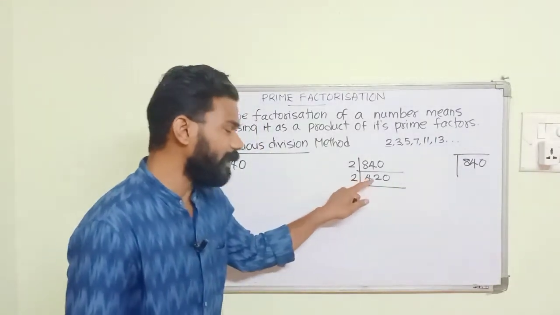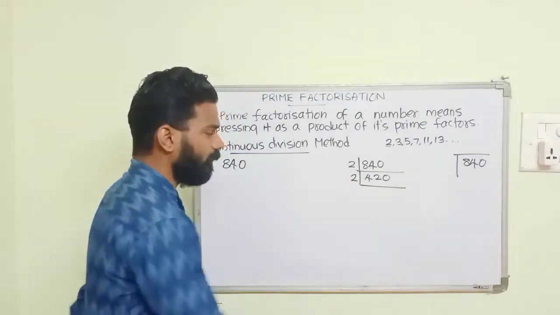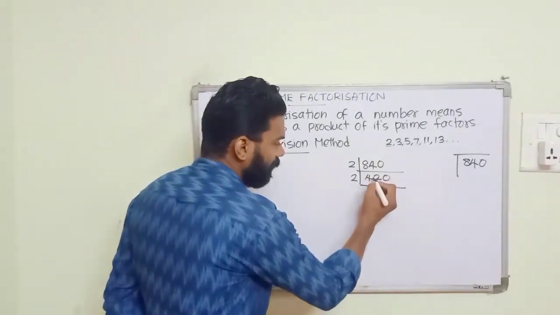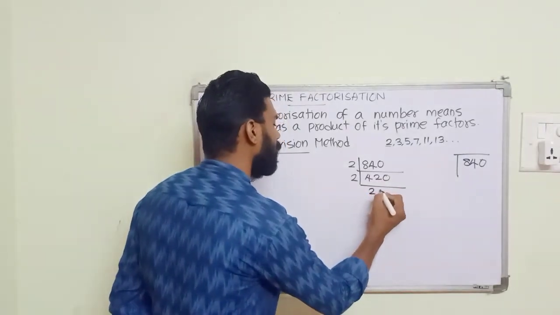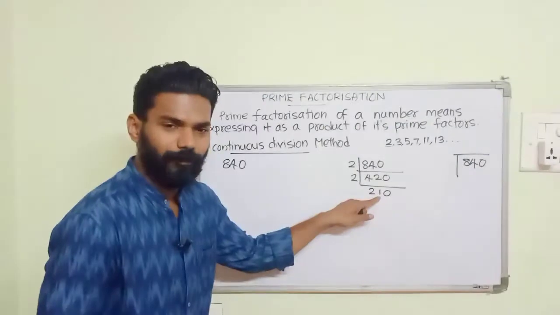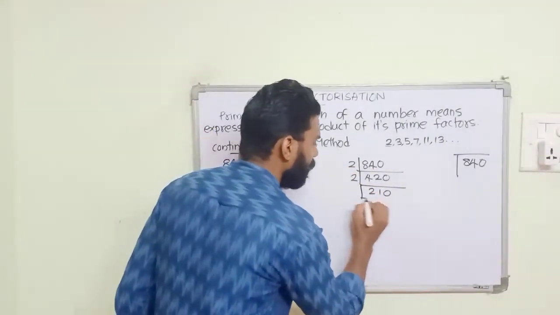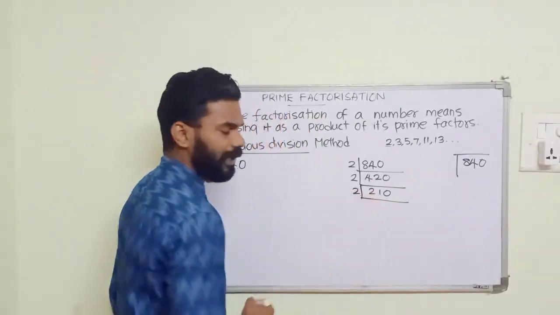So when you divide this 420 by the number 2, we have the idea that the half of 420 will be 210. Again it is an even number, so definitely we can continue the division by the prime number 2 itself.